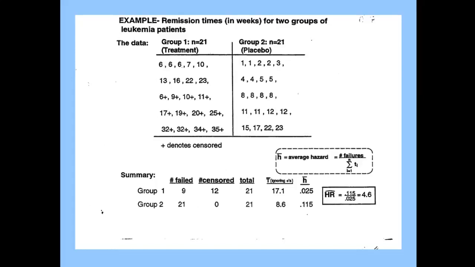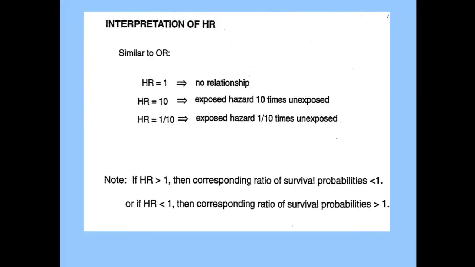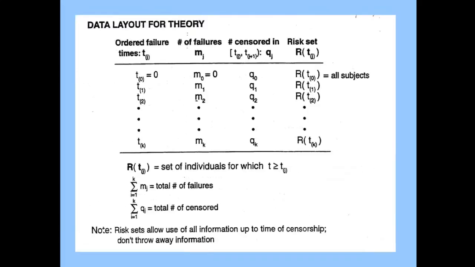So how many were censored from the first time that somebody failed until the second time that somebody failed? 1. Which one was it? 6 plus, right? So it's 1. I don't know if I'm pulling the wool over you, but it's 1. And that's how it goes. Now, there's this column for the number censored. If you add up all the numbers in this column, what do you get?